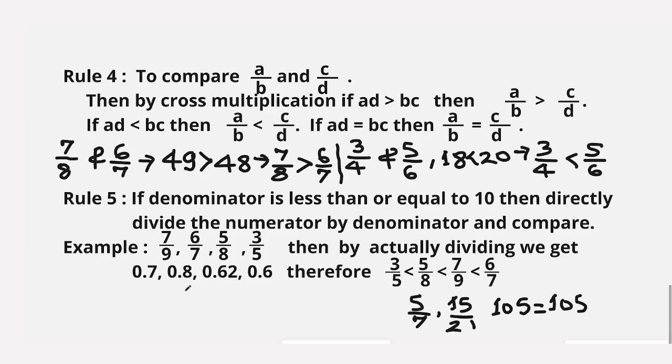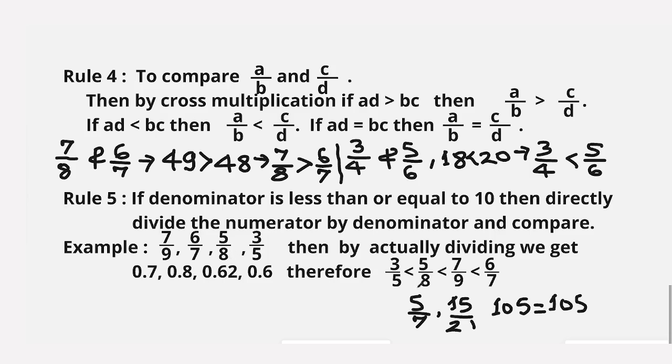Now we have all the decimal equivalents of the given fractions, and we see that the least number is 0.6, which is 3 upon 5. So we first write 3 upon 5, which is the least number. Then the next higher number is 0.62, which is 5 upon 8.